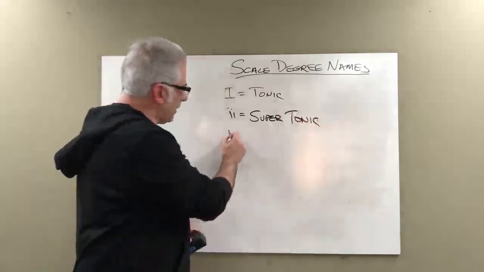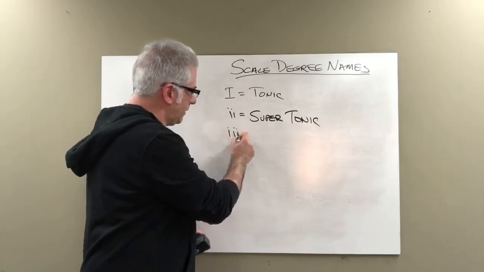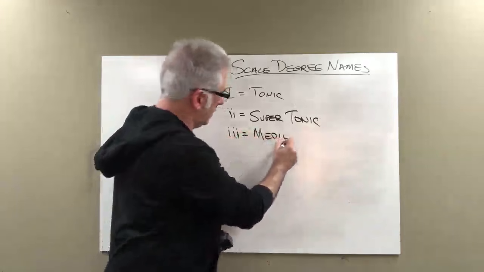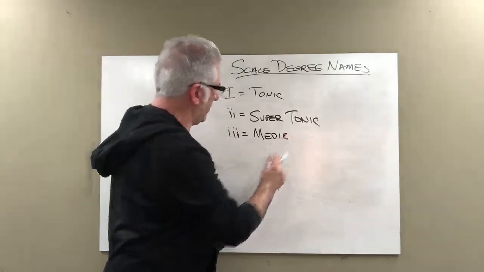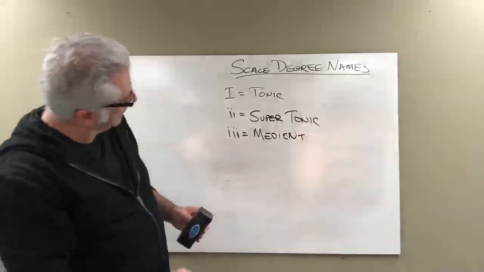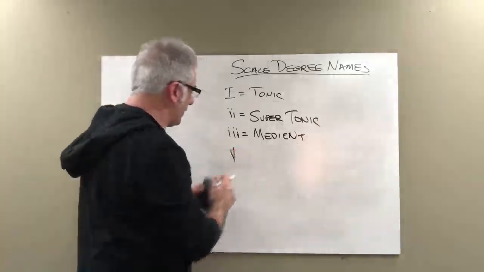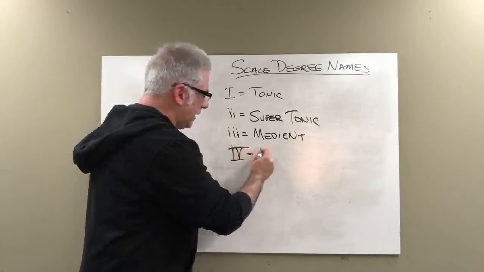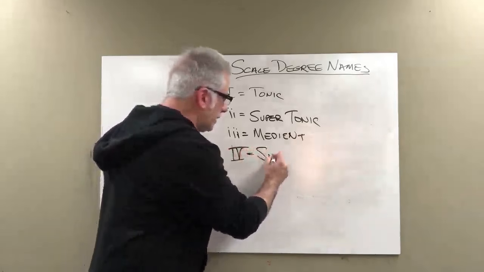Your 3 chord is your mediant. I-E-N-T, right? Mediant. Is that right? Yeah. Your 4 chord is your subdominant.